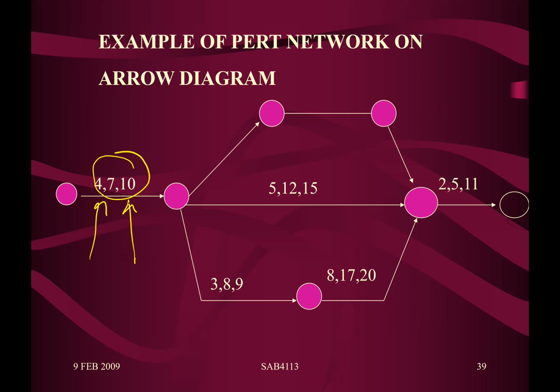Normally, in normal activities, we only have one timing. Let's say this is 10 days. That's it, 10 days. Even that 10 days might not be perfect, but at least that's how we calculate. But now the issue is what if we have three possible timings?